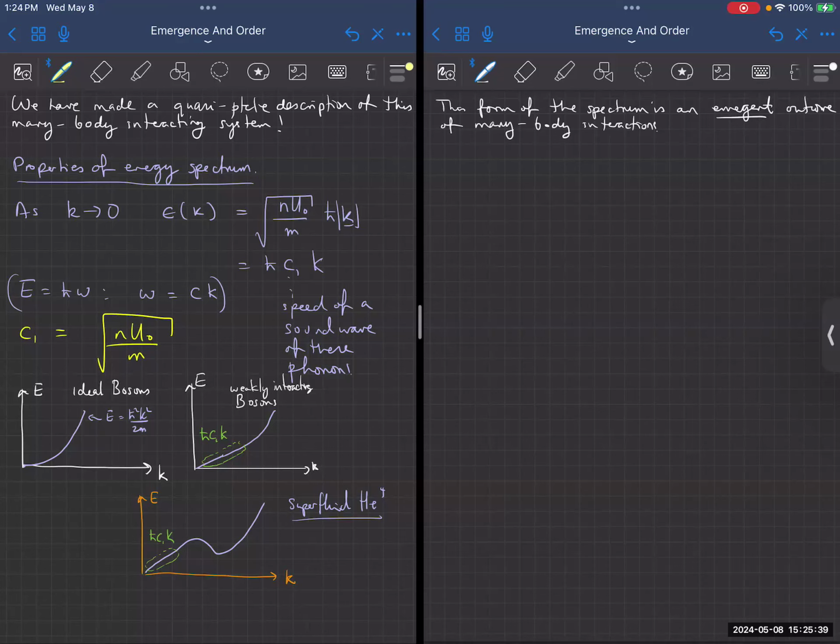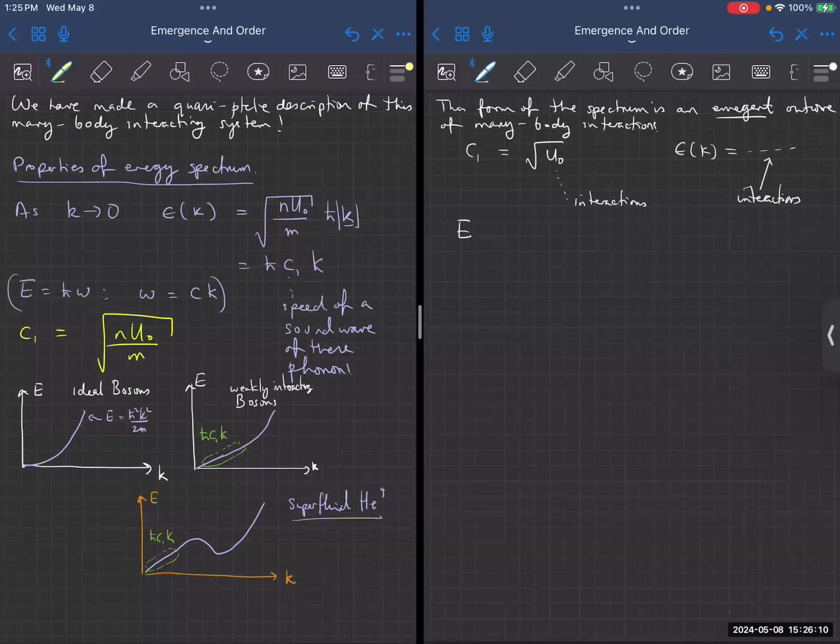So why do I say that? Well, the speed of sound is proportional to the square root of u naught, so it depends on u naught. That's the strength of the interactions. The energy spectrum equals some complicated mess that depends on the interactions.